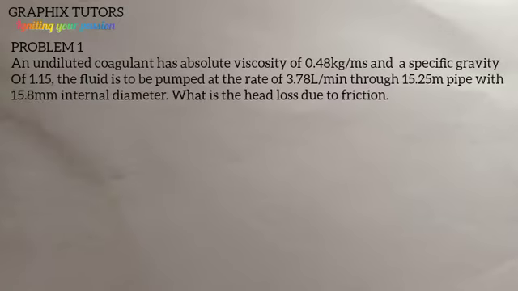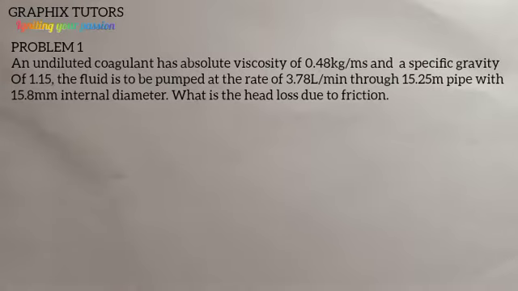Now if you look at the front of the screen, there's a problem displayed on fluid mechanics under hydraulics and hydrology. The question goes like this: an undiluted coagulant has an absolute viscosity of 0.48 kilogram per meter second and a specific gravity of 1.15.